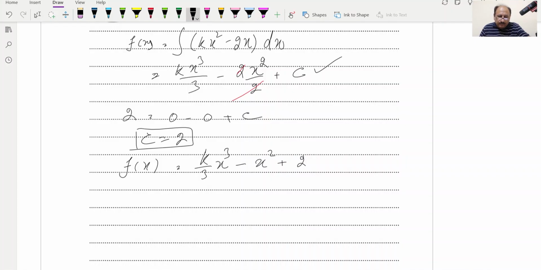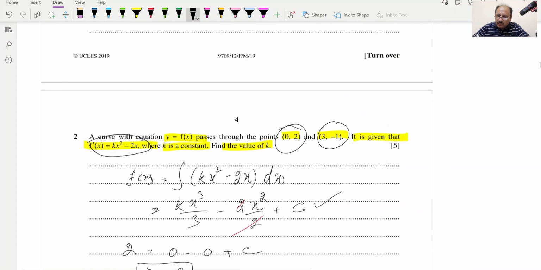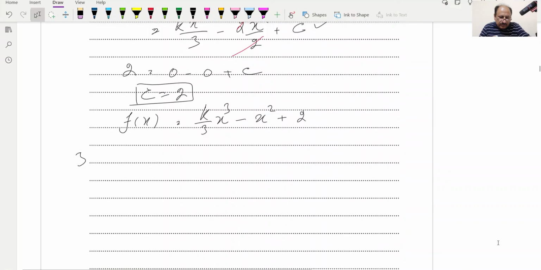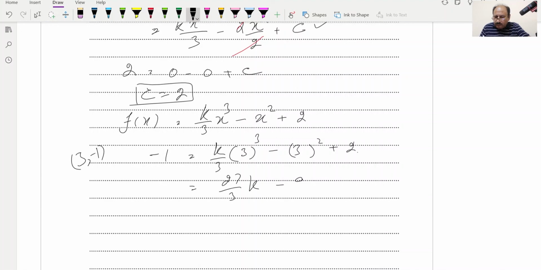And to find the value of k, we can use the other point, which is 3 and minus 1. We can replace the values 3 and minus 1. So y value minus 1 is equal to k over 3 into 3 cubed minus 3 squared plus 2, and this will be 27 over 3 k minus 9 plus 2, which is minus 7.